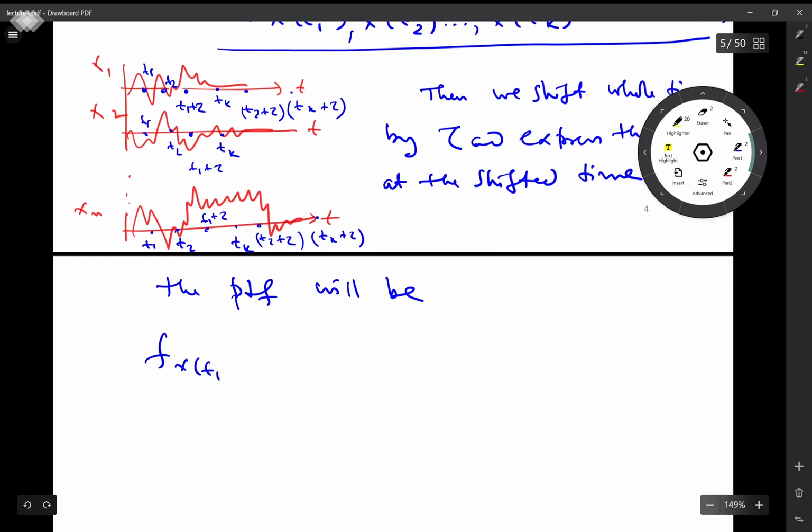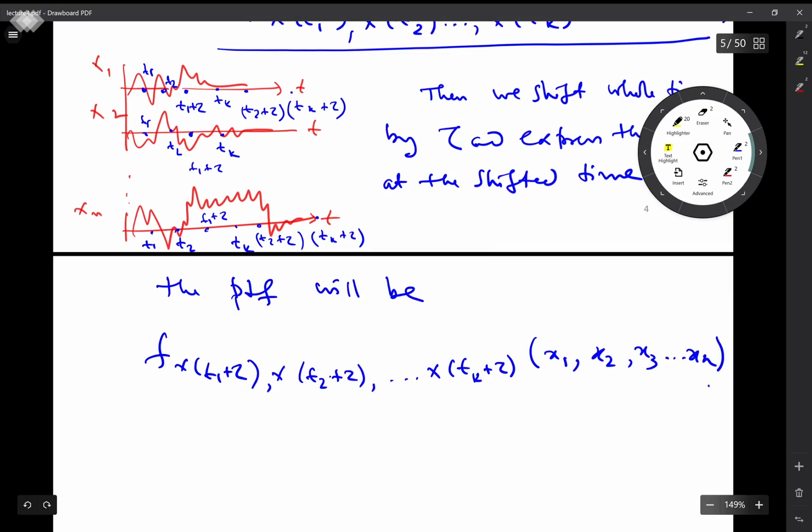The PDF will be f of X(t1 plus tau), X(t2 plus tau), ..., X(tk plus tau) at x1, x2, x3, ..., xk.